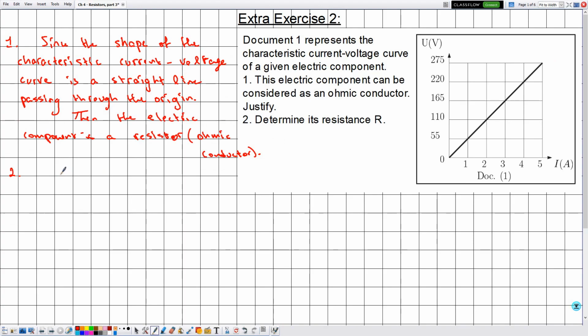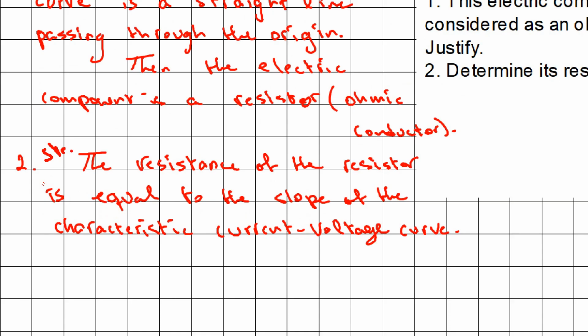So step number 1 is to write the definition of the slope, which is given by the resistance of the resistor is equal to the slope of the characteristic current voltage curve. So this is step number 1.